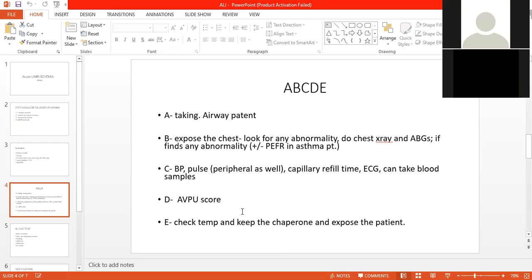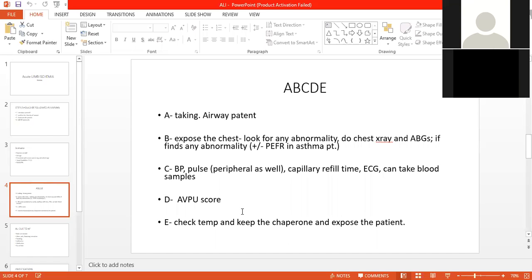And when you are doing B, you need to check expansion and all those things, auscultation, percussion. At this point, depending on the Simman, you can order ABGs and chest X-ray. But as we are talking about acute limb ischemia, you don't need to order X-rays or ABGs, because there will be no abnormality in that, and the oxygen saturation will be fine in this case scenario.